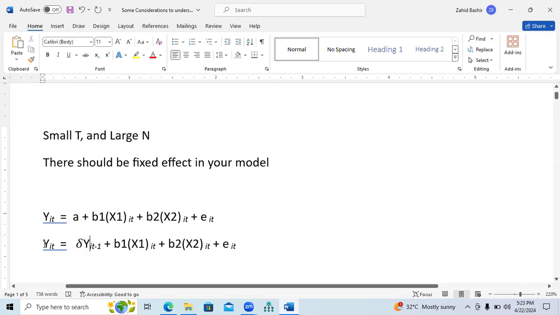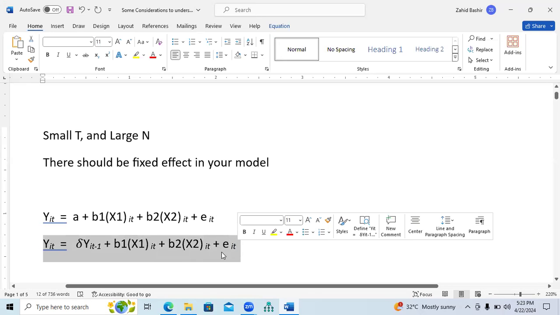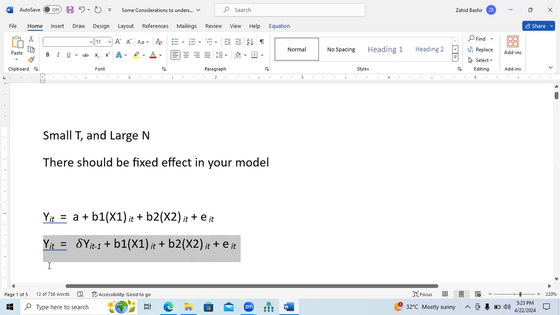So whenever you convert the model like this, where the previous value of your dependent variable becomes an independent variable in the model, it becomes the dynamic panel data model.